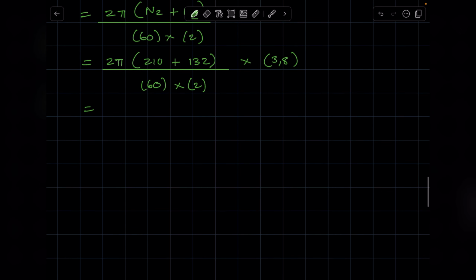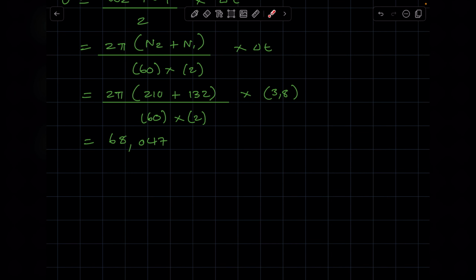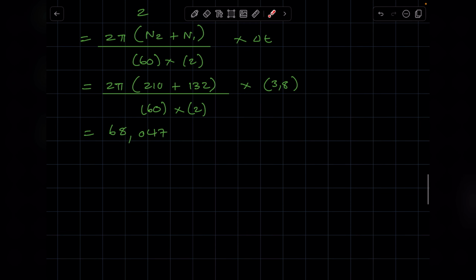Now if you punch this in your calculators, we are going to get 68.047. Now don't be confused here, essentially I swapped these around because it doesn't really matter. If you said 132 plus 210, you are essentially going to get the same thing, so the order of the rotational frequency doesn't matter because we are adding them anyway.